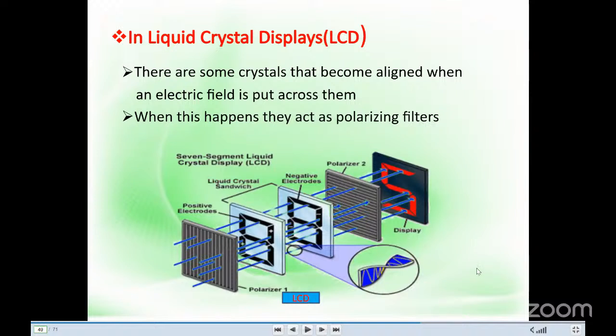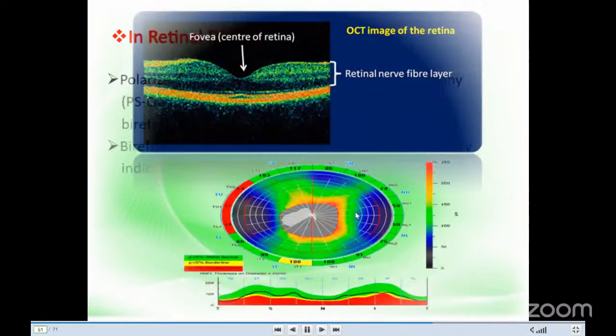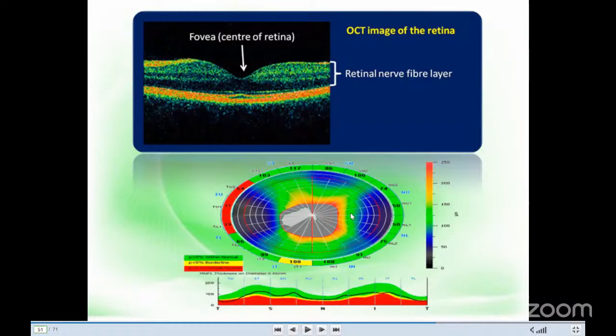LCD, liquid crystal displays. There are some crystals which become aligned when an electric field is put across them. Image of the retina.